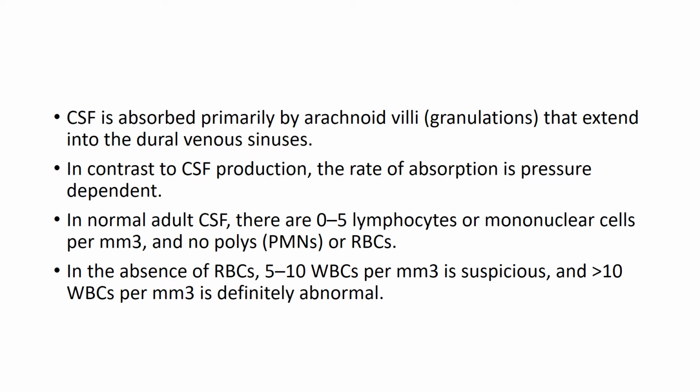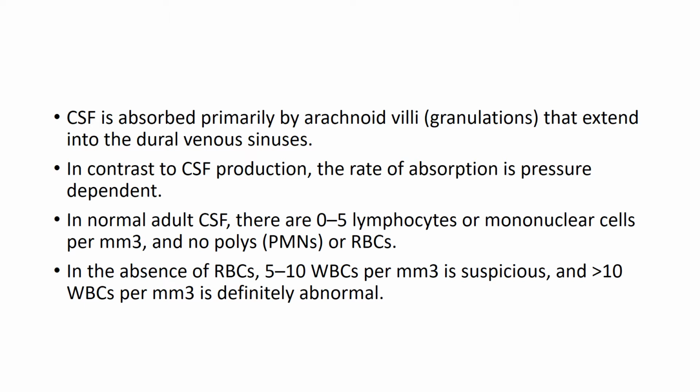Now, in contrast to CSF production, the rate of absorption of the CSF in the arachnoid villi in the major venous sinuses is pressure dependent. That means that when the intracranial pressure increases, the absorption of the CSF increases, and vice versa.